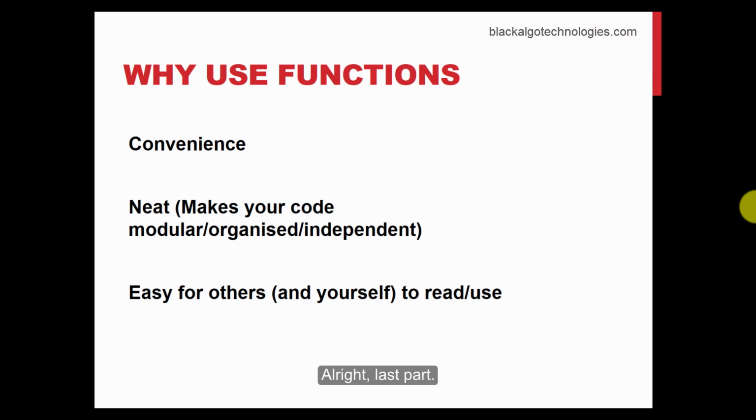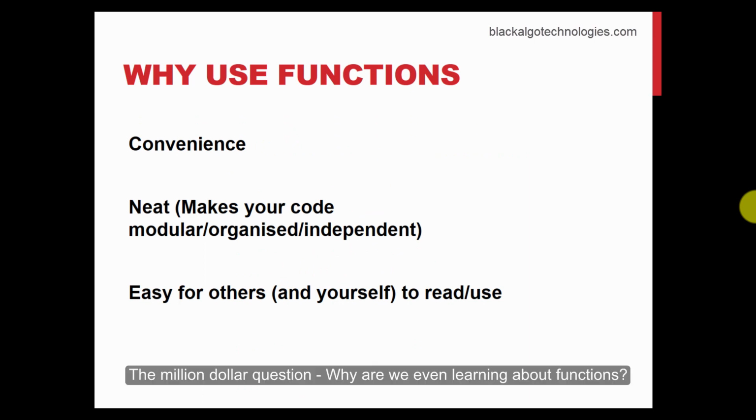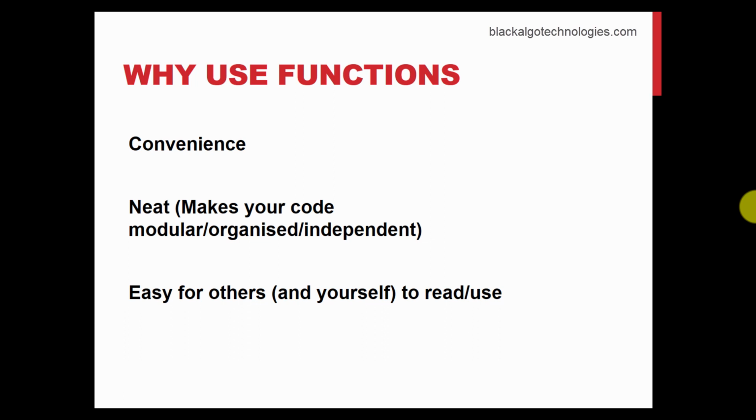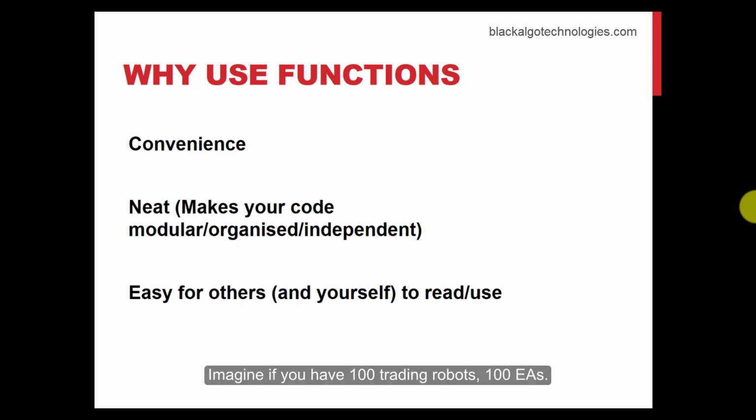Alright, last part. The $1 million question. Why are we even learning about functions? 3 points. The first point, it is convenient. Imagine if you have 100 trading robots, 100 EAs, and all of them require a way to enter trades, correct?